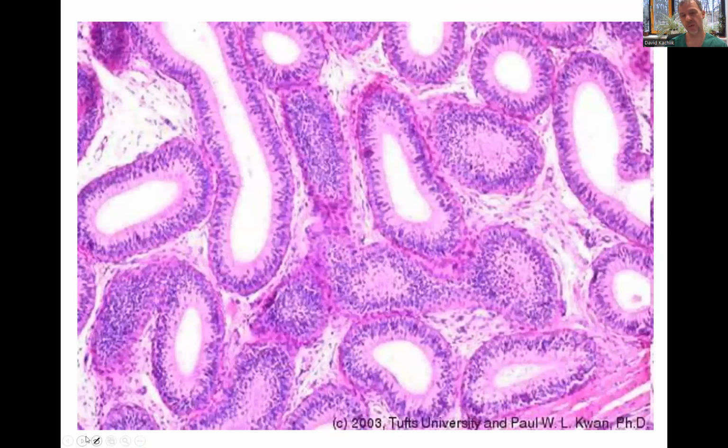So when you come closer, you can nicely see very high columnar epithelium. And on this here you can see the muscle layer, and then the adventitia forming the interstitial tissue.